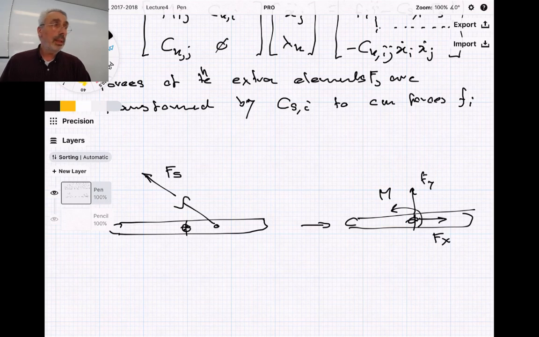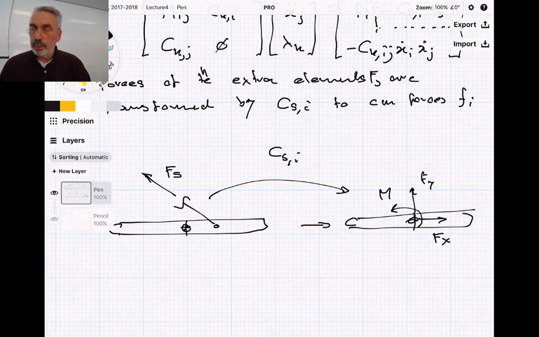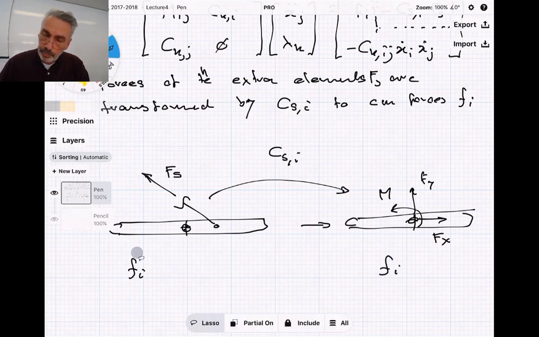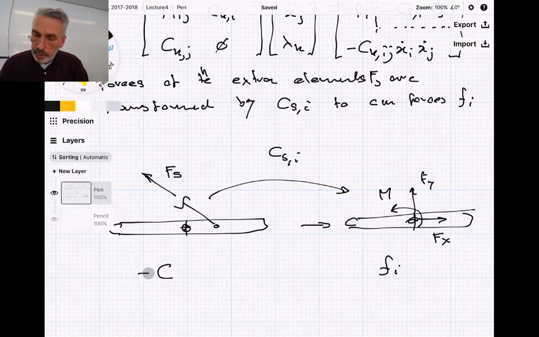And my statement is that that is automatically done by this Cs,i. That's the beauty of the whole mechanism of this virtual world. Or in other terms, the forces here at the center of mass are identical to minus, and it's again a sign convention, identical.